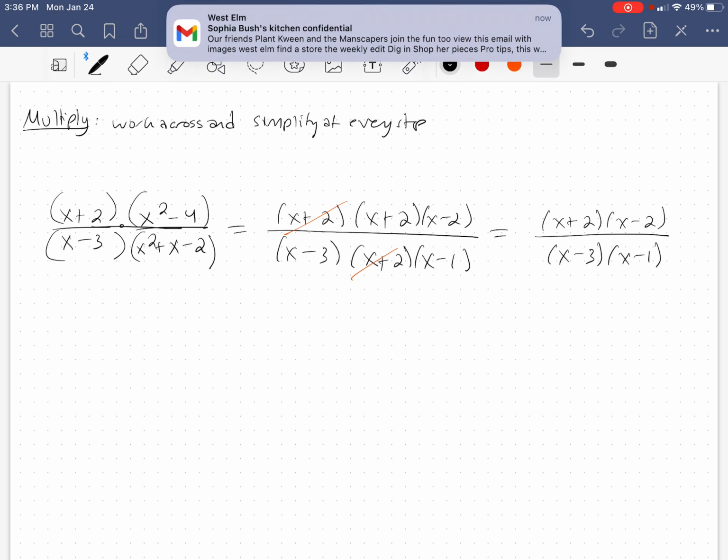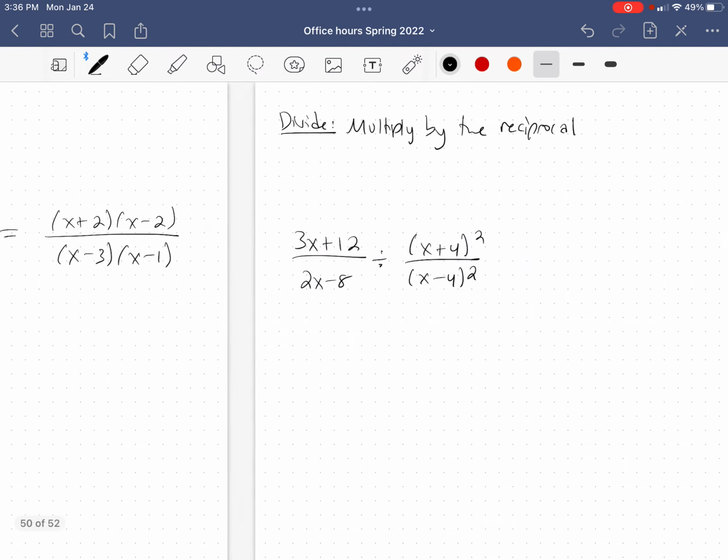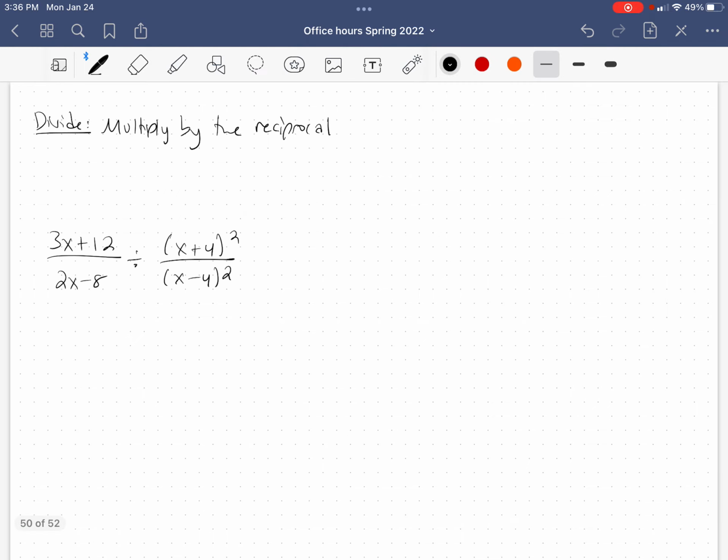Okay. All right, so division is very similar. We immediately change it to a multiplication problem by multiplying by the reciprocal instead of dividing. Okay, so I keep the first fraction the same, change the division to a multiplication, and flip the second fraction.